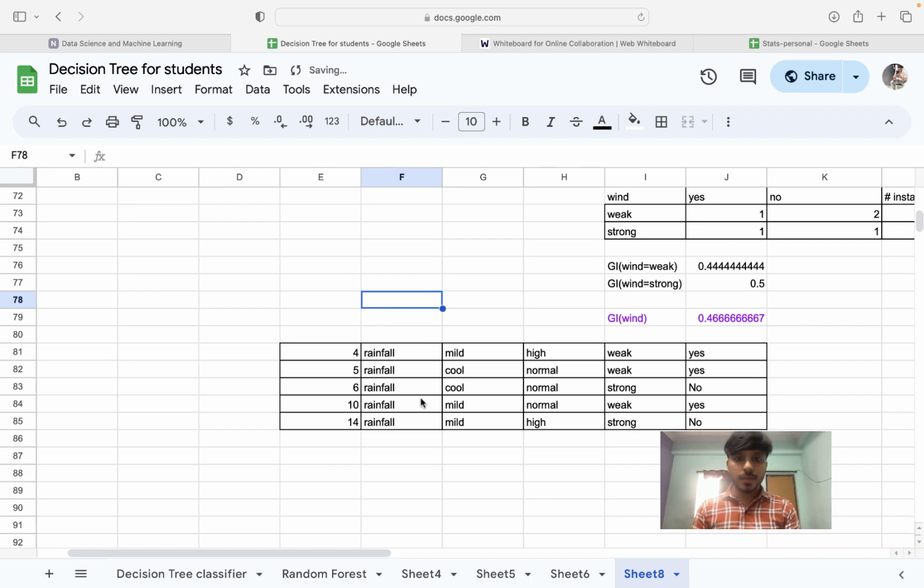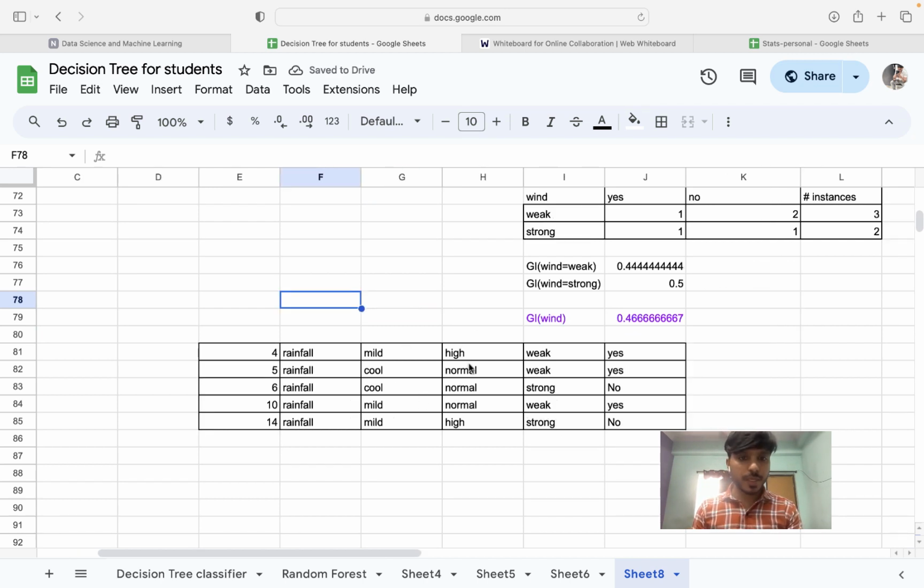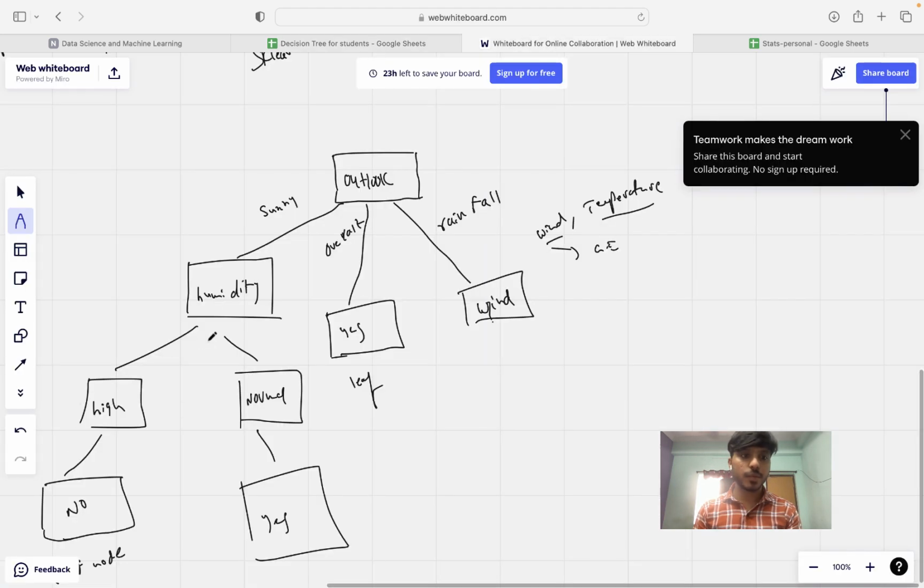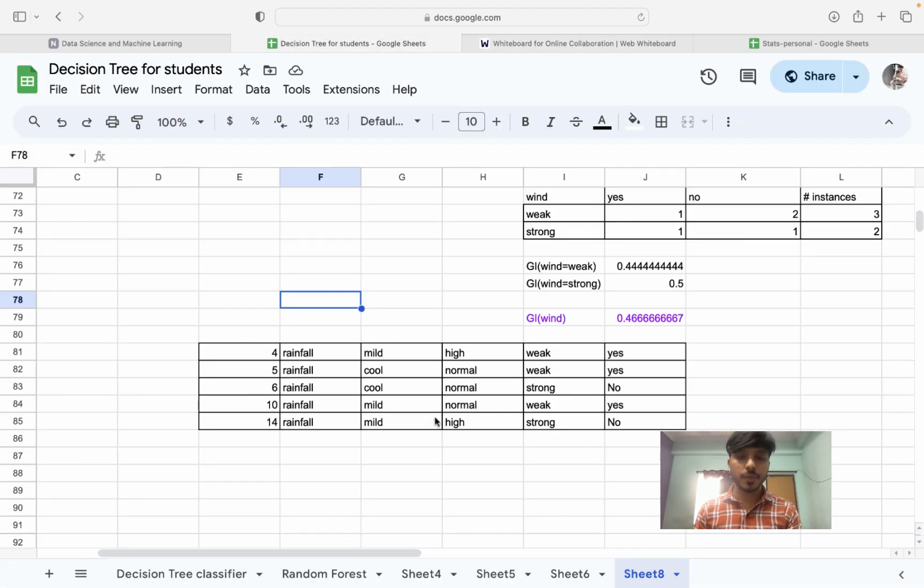Just like the sunny rows that I picked, I am picking the rainfall rows now. Humidity is already fixed, right? We have made the node of humidity. So I want to check the temperature and wind. This is the decision, this is the humidity column, and this is outlook. When it is rainfall, what is the next feature you're going to look at? When we calculated the Gini index again for these three, we found out that wind has the lowest Gini impurity.